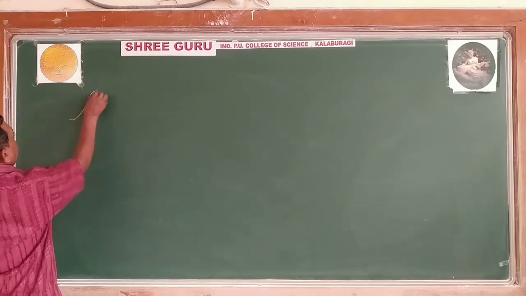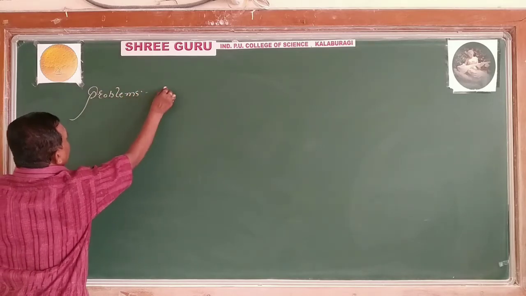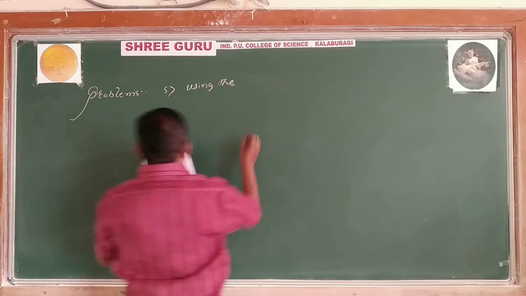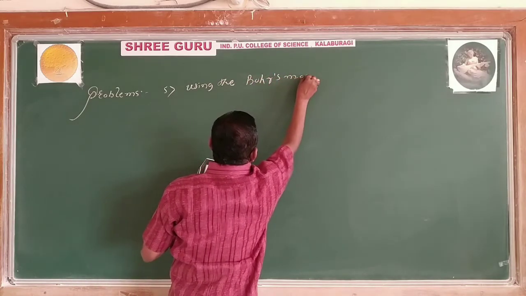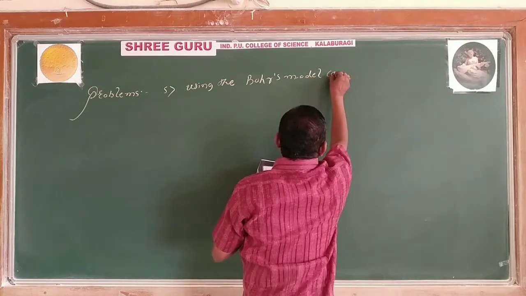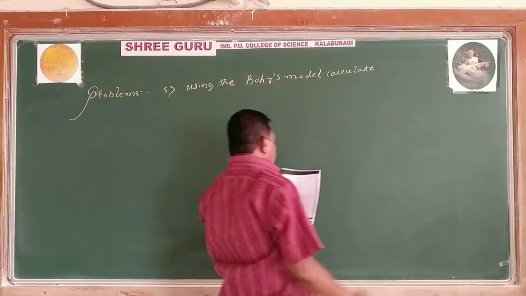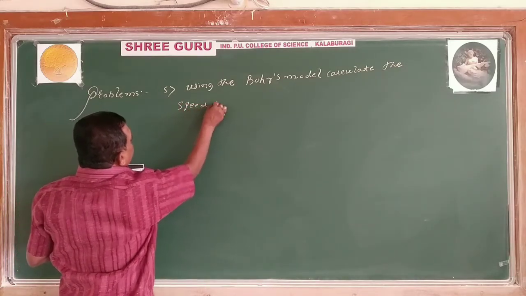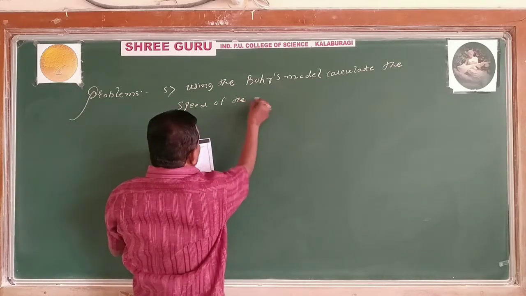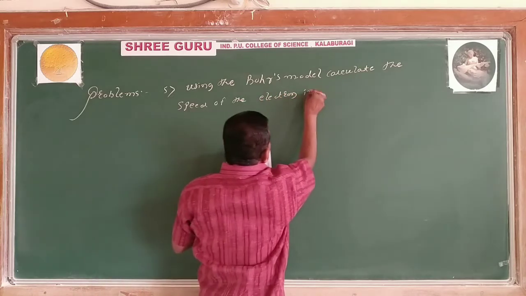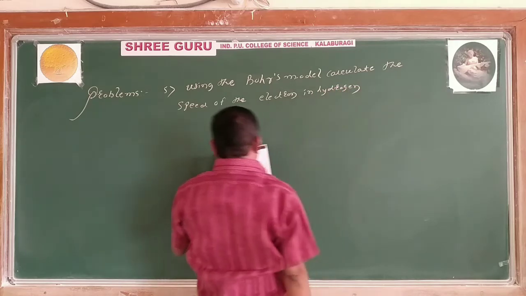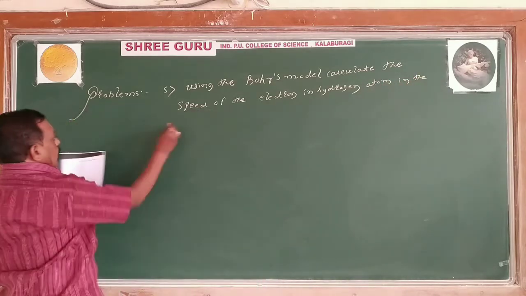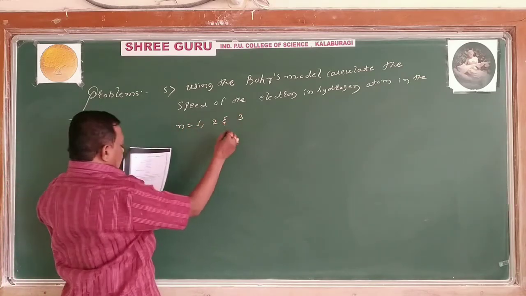Problem number 5. Using the Bohr's model, calculate the speed of the electron in the hydrogen atom in the n equals to 1, 2 and 3 levels.